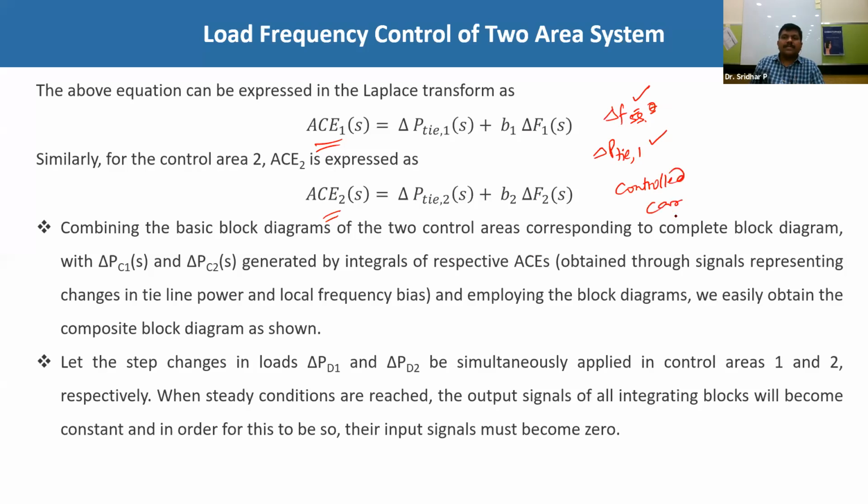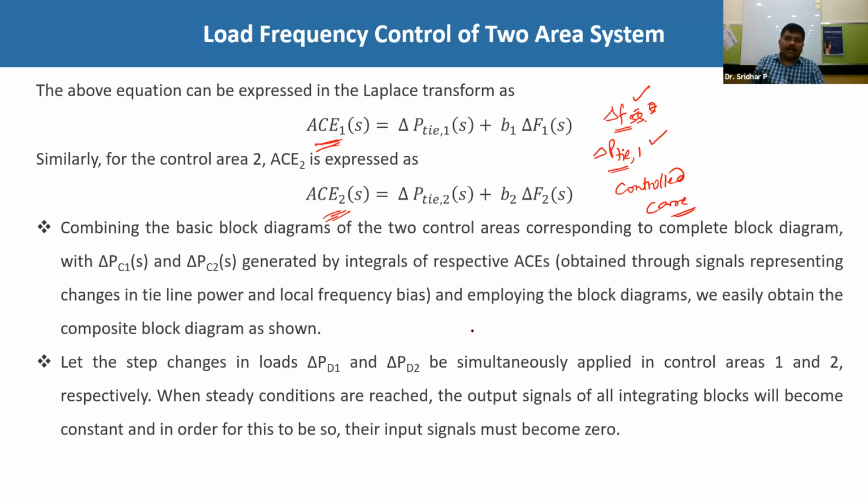So this case is nothing but the controlled case. We are going to control by suitably generating area control errors in area 1 as well as in area 2. We are going to regulate the change in the steady state frequency and the change in the tie line powers. So these two parameters we are going to regularly monitor.